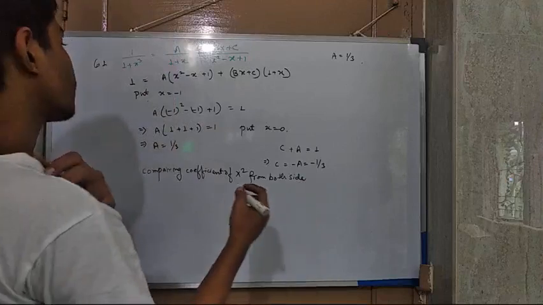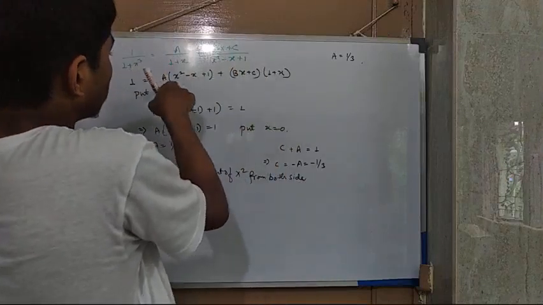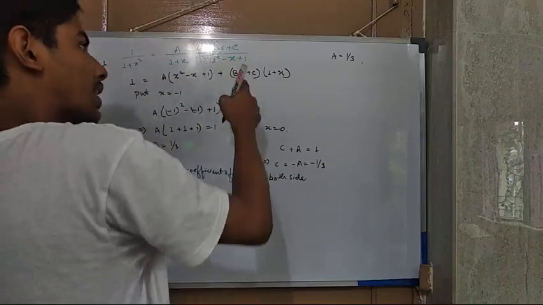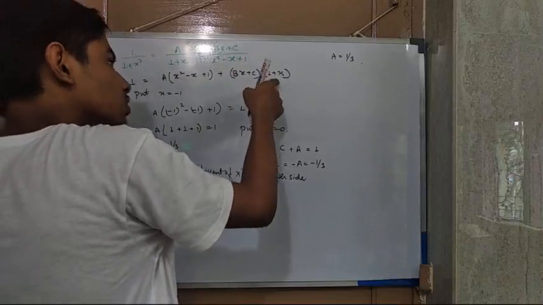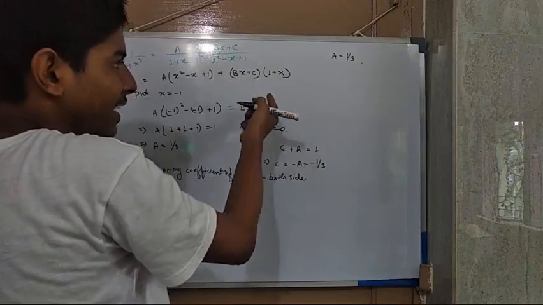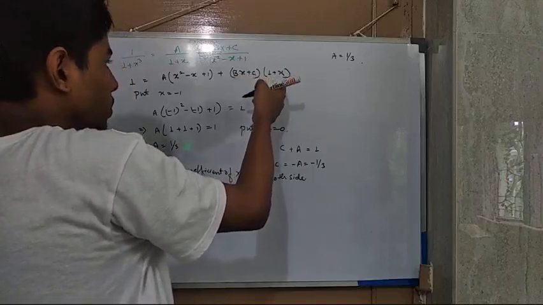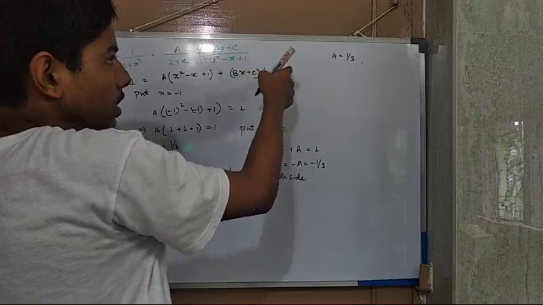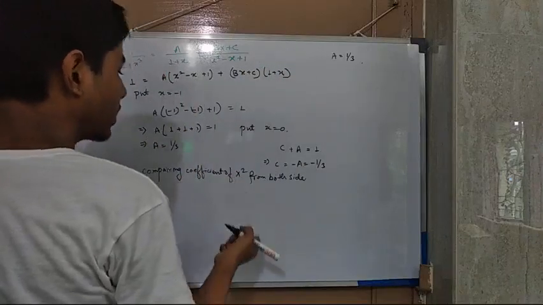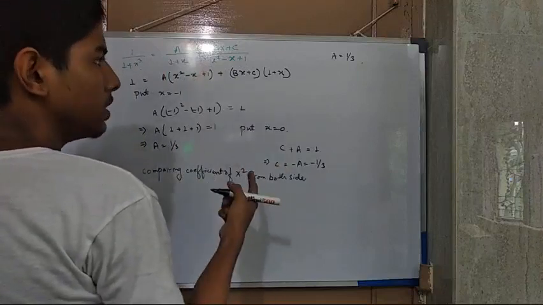So x squared will come from this a times x squared, which gives a x squared, and bx times x will give b x squared. No other combination of terms can give x squared, because c doesn't have an x, and here is no term of x squared. So the coefficient of x squared in the right hand side will be a plus b.